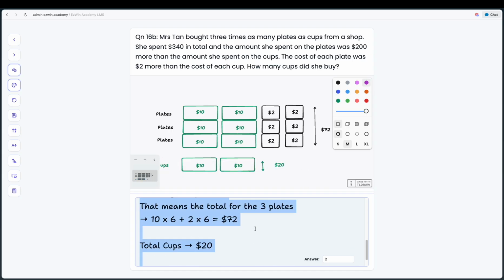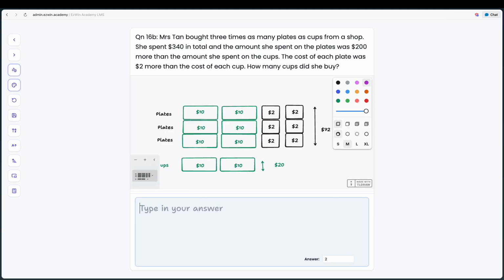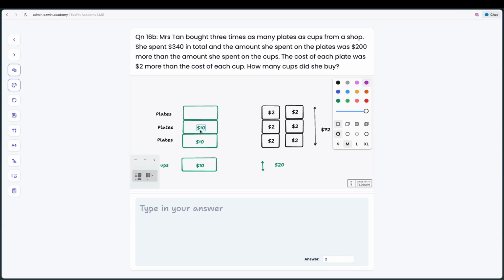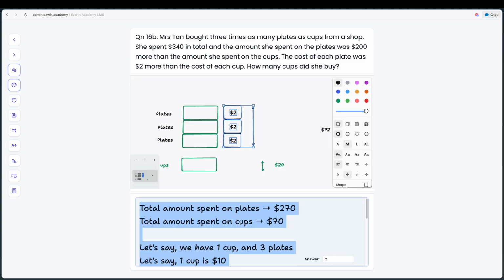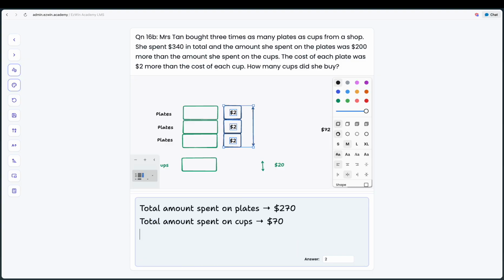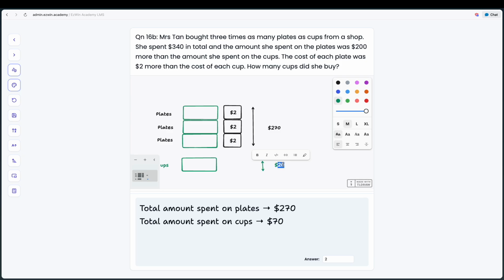So for this, what we can do is, since we know that, let me just remove this and the $10 example. So number of plates over here, we know the total is 270, right? So this will then be 270, and the total amount spent on the cups is $70.